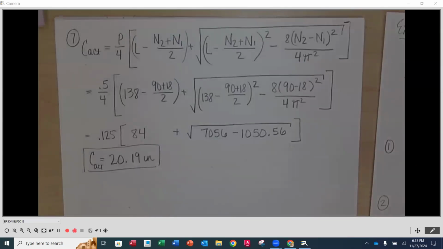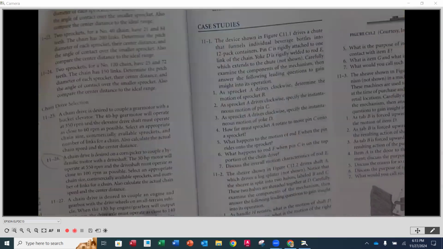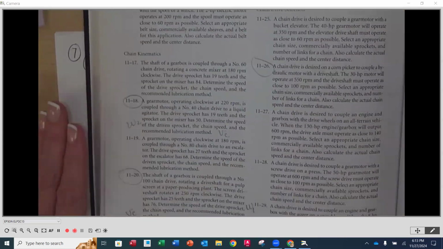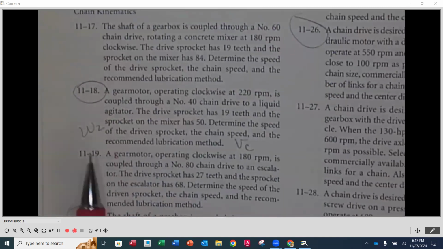Okay, so let's take a peek at what's there. The first four were belt related. The last four are going to be chain related. On page 314 in the second column, the first problem you're going to work on is problem 11-18.